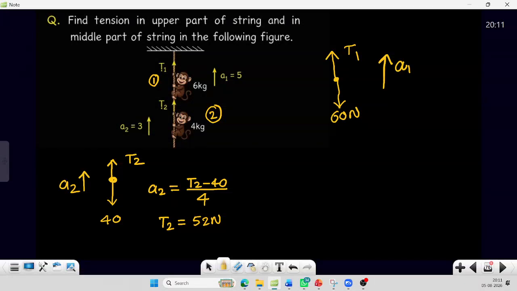The other force acting is T2, downwards. To get T1, T2 is required. That's why we find T2 first.